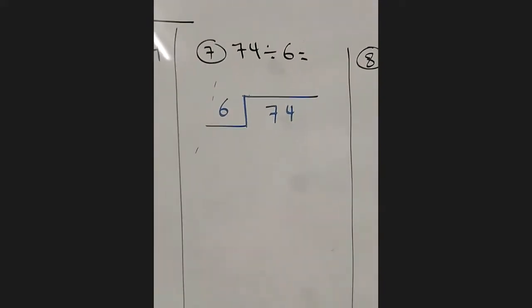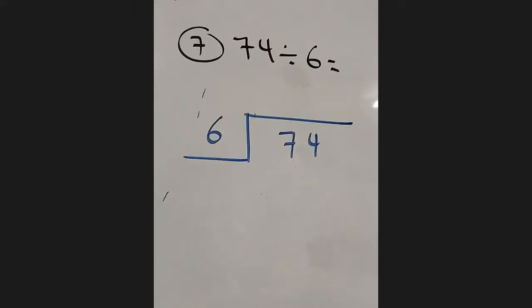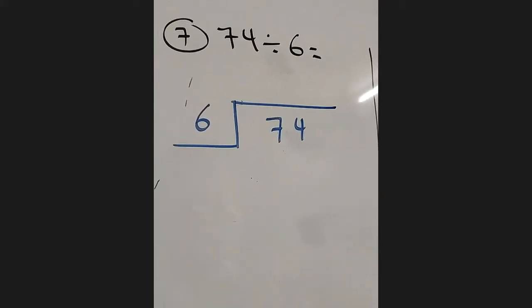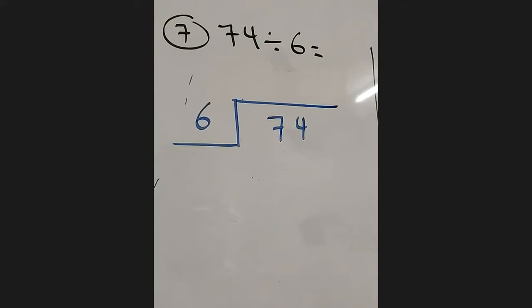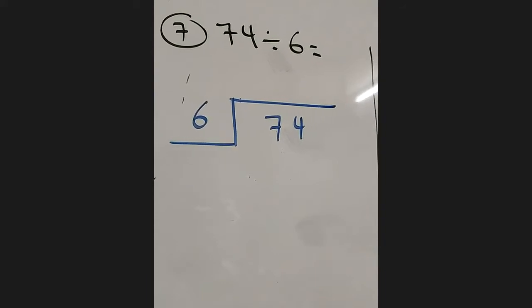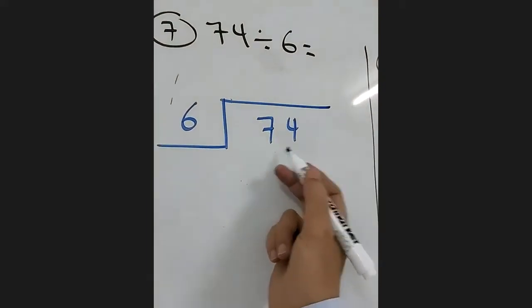6, right? Yes. Tell me, what are the steps now? What do I need to do? 6 multiply 1. Why did you choose 1? From where do you start, from 7 or 74?